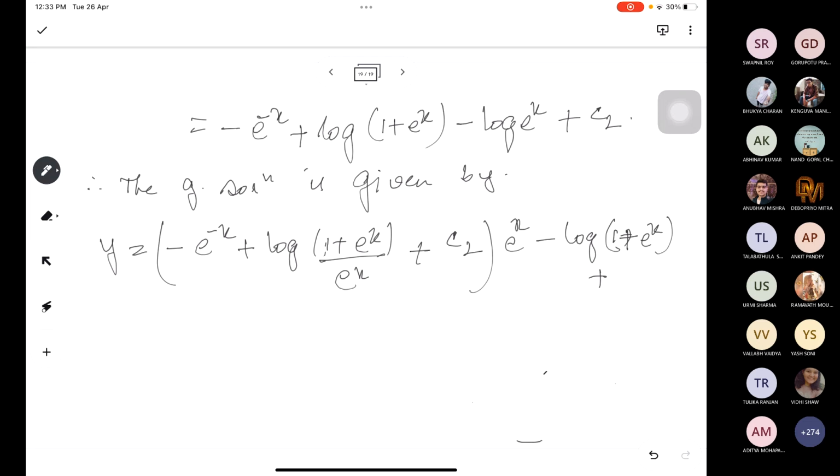Plus, this is C1, the general solution of equation 1.